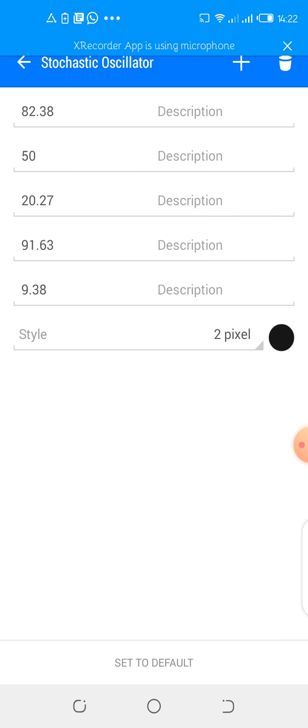The first level is 82, the second level is 50, the third level is 20, the fourth level is 91, the fifth level is 9 or 10. You can round these numbers, it doesn't have to be very exact. You can round them to 80, 50, 20, 90, and 10.